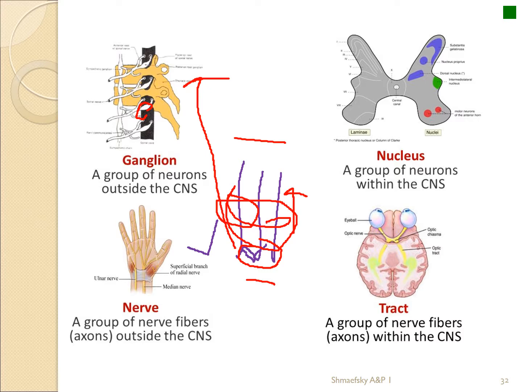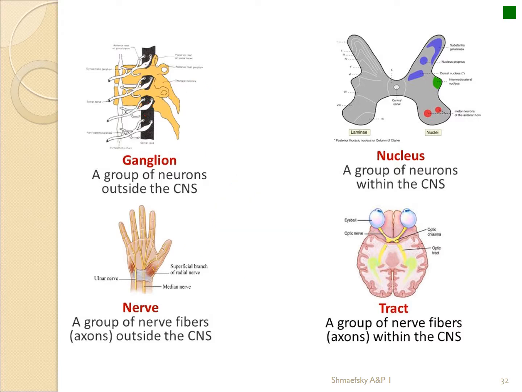Now, when it comes to the central nervous system, and this is looking at a transverse section of the spinal cord, and a transverse section of the brain, we have what are called tracts. That means tracts are bundles of axons within the brain that go from one region to another and convey very integrated information.